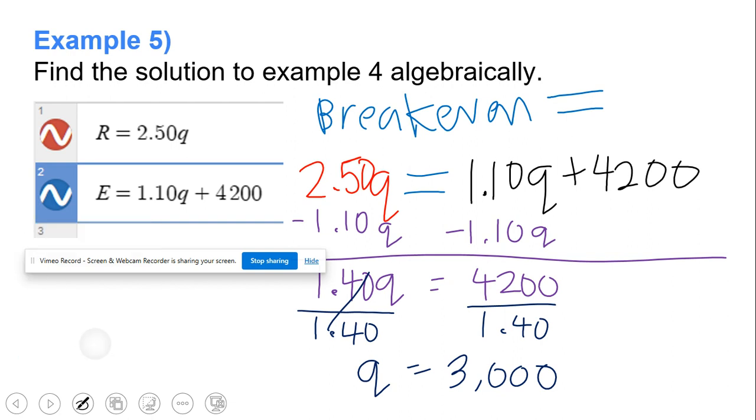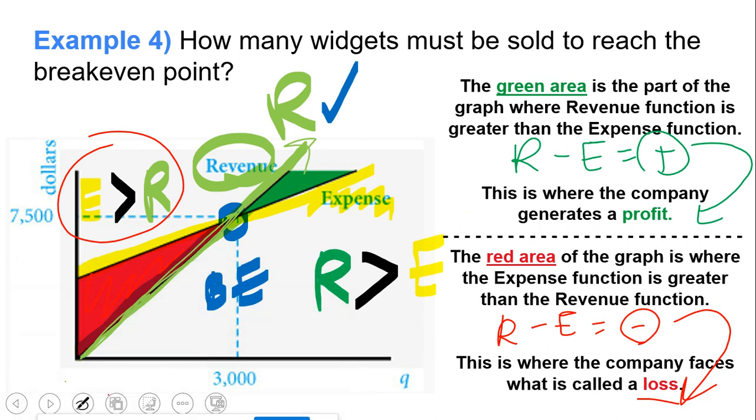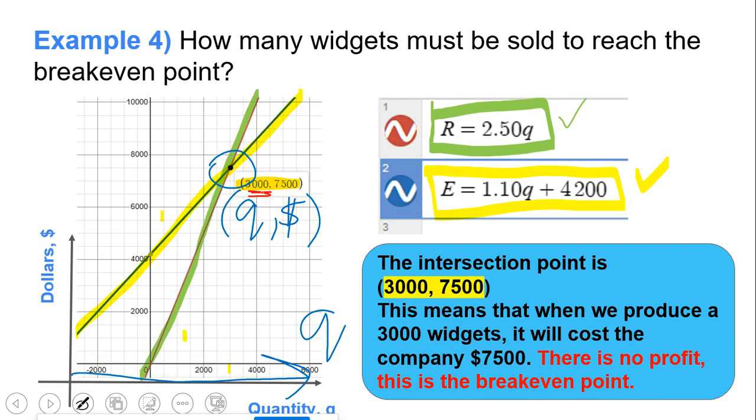And if we look back at the break-even point, remember the x coordinate was 3,000. Right? If we look back over here, the x coordinate was 3,000. Right here, that's the x coordinate. That was 3,000. When we look on Desmos, the x coordinate, or Q, the quantity, was 3,000.